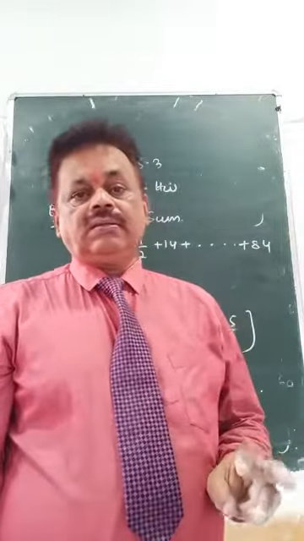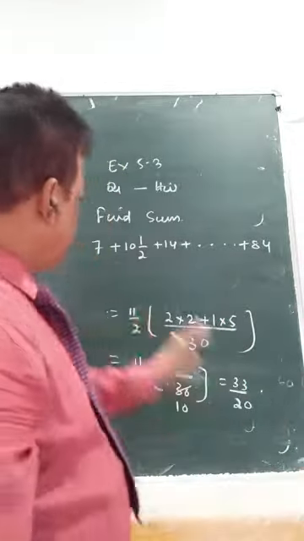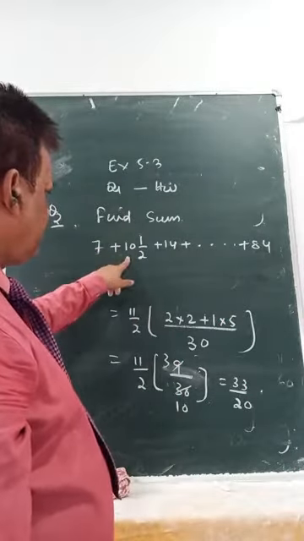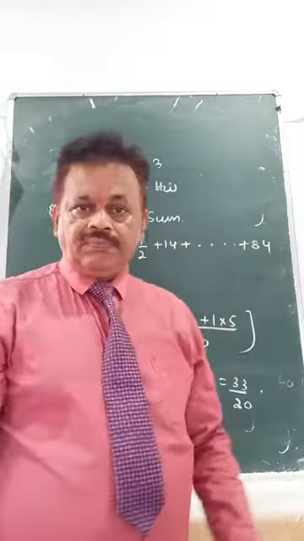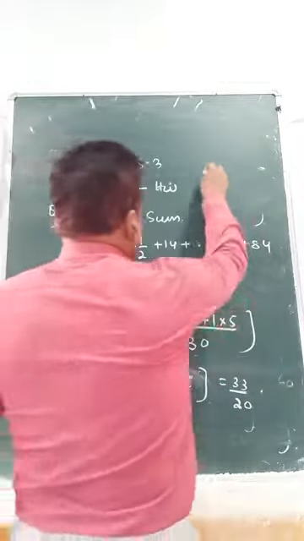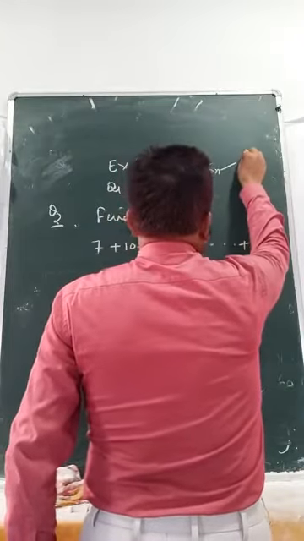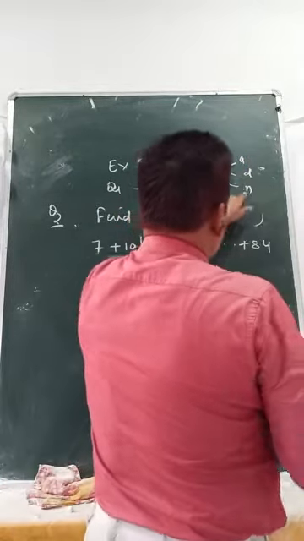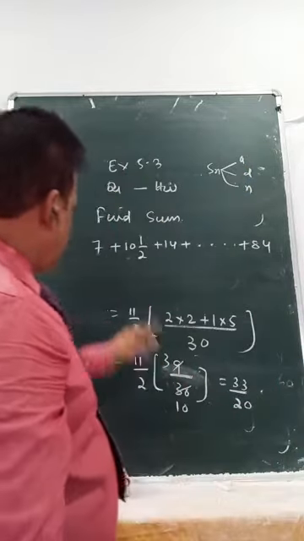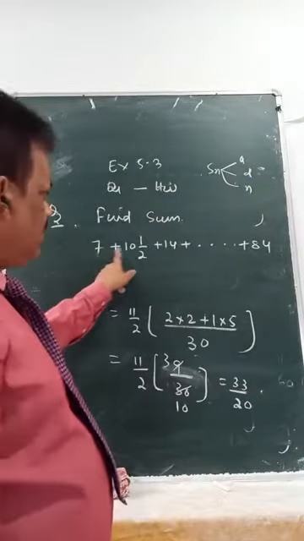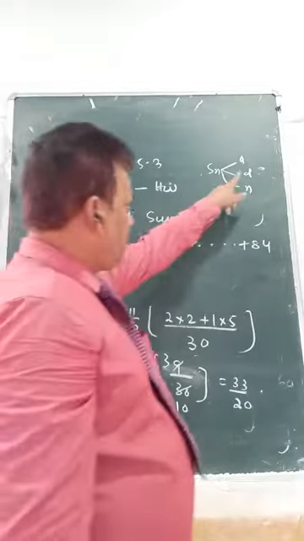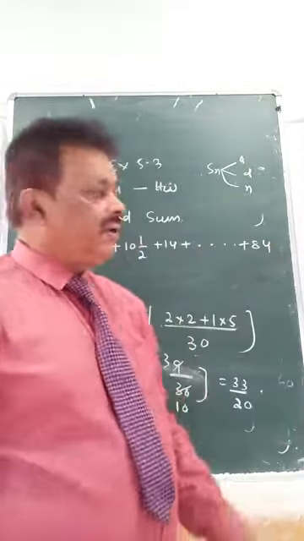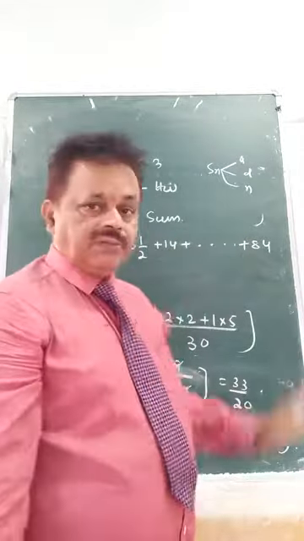You need a, you need d, you need n. A is given, d you can find out, n we have to find out. Because the sum has 3 parts: a, d and n. These 3 are required. So a is given, d will be this minus this. So n you have to find. How to find n? n will come from the last term.